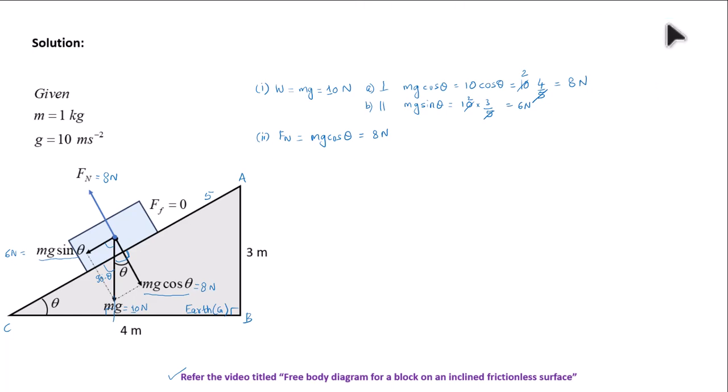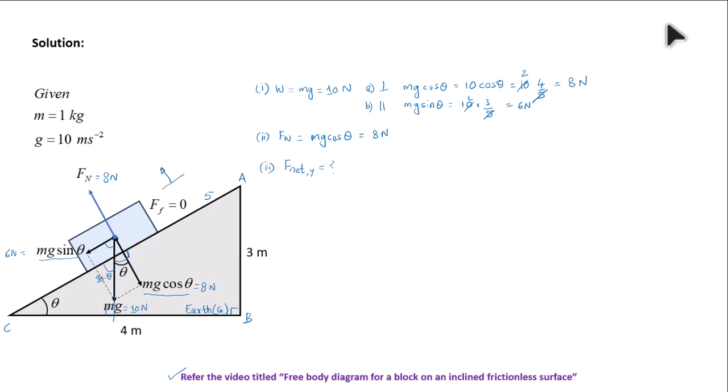So coming to part 3, the net force acting on the block. We have to find the net force acting on the block along the perpendicular. Our y and x axes are in this direction.